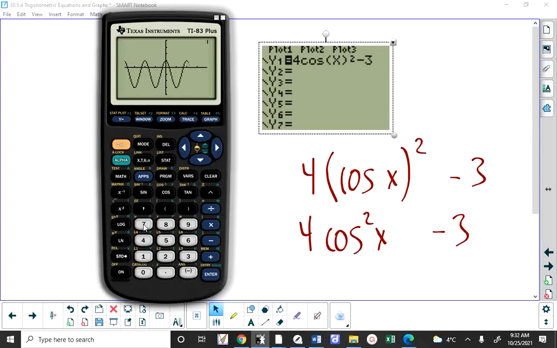And we need to be aware of something, and I talked about this in the previous unit when we talked about just the sine x function and the cos x function. When I go zoom trig, my calculator essentially sets the horizontal window up to negative 360 through positive 360 if I'm in degrees.